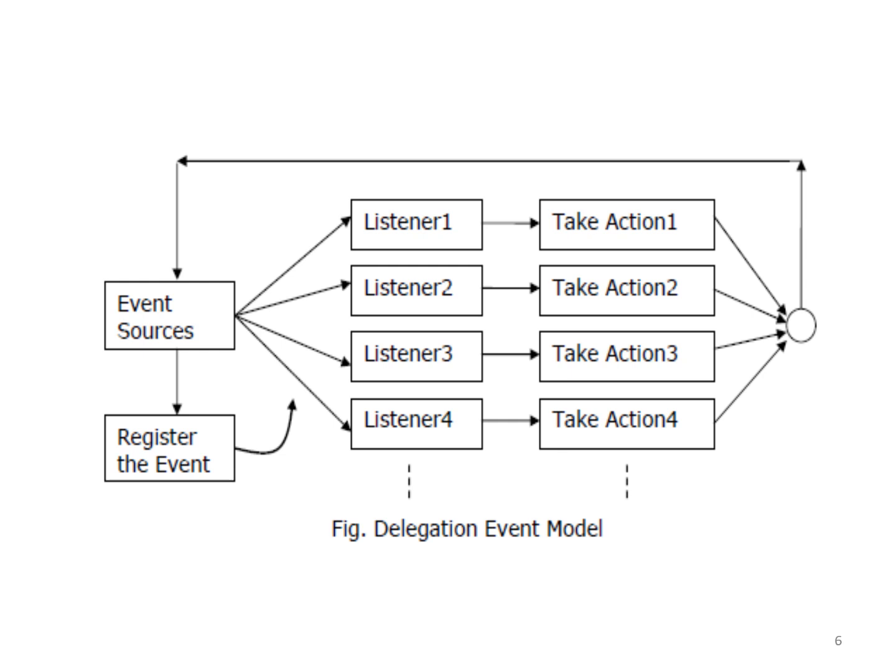Now you can understand from this diagram. Event source, and once it generates the event, we have to register the particular event. So basically you can see that multiple listeners may be there, right? Listener 1, listener 2, listener 3 and listener 4.